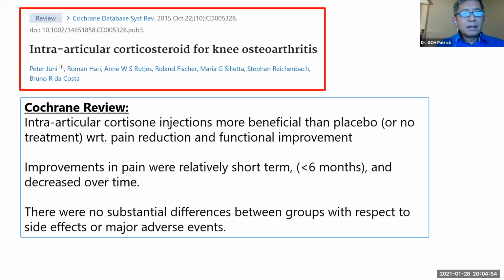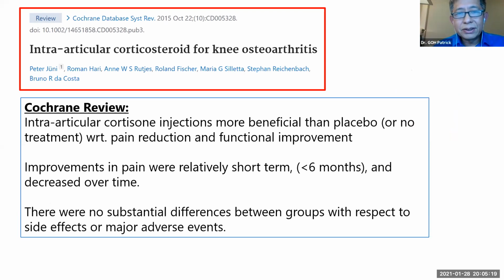So the Cochrane review, so all of us look at Cochrane, which is supposedly right at the top of the pyramid. It's a good meta-analysis. And the outcome of the review is that intra-articular cortisone injections are more beneficial than placebo or no treatment. And we all know this pain reduction and functional improvement can occur.